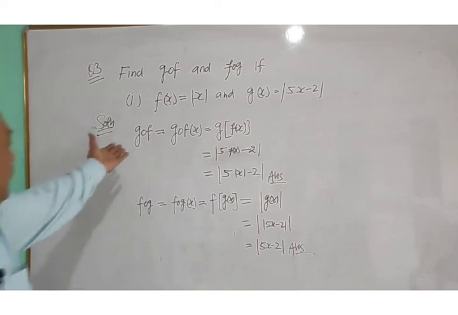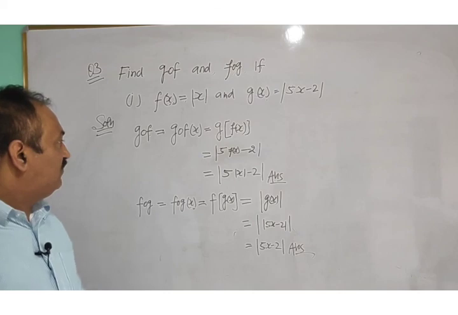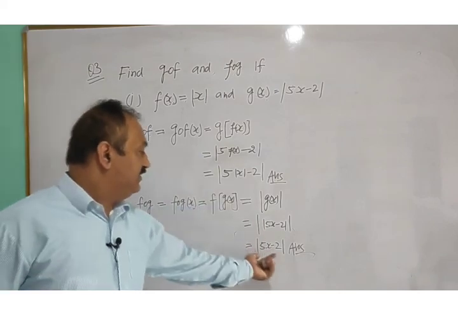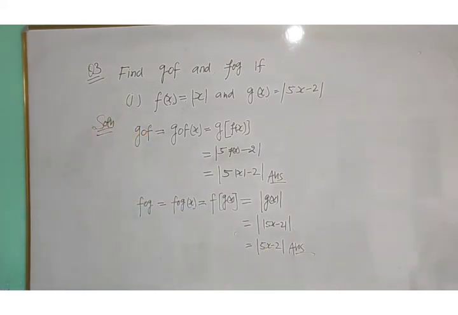So it is clear that gof is not equal to fog, because this is separate and this is a separate thing. You can say that gof is not equal to fog for every question. So in this question, we have found the values of gof and fog.